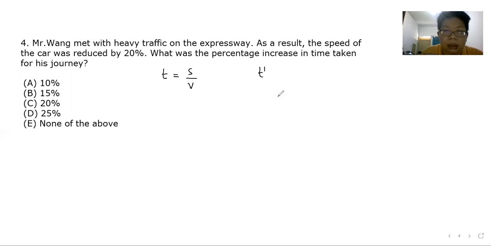For after the speed of the car was reduced, the time taken is s over v afterwards.